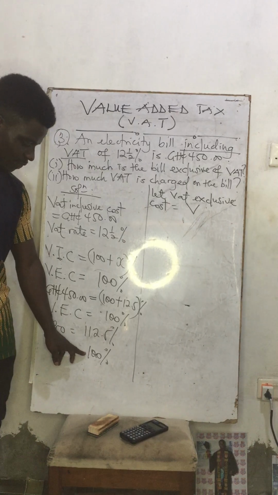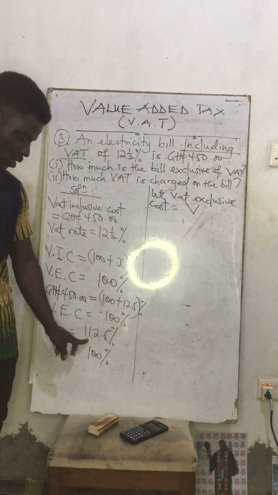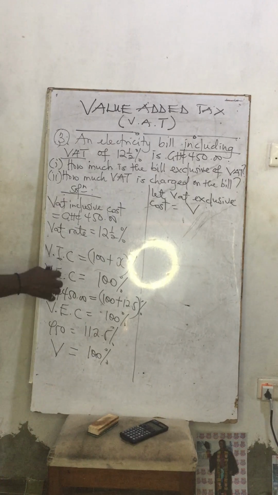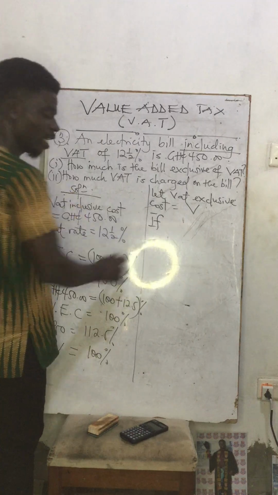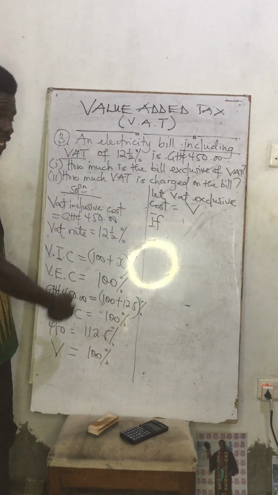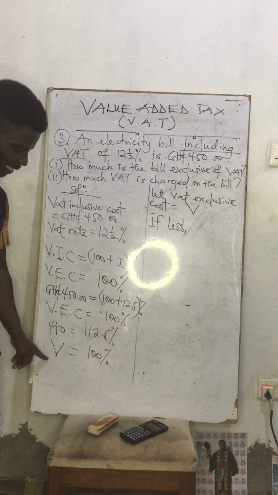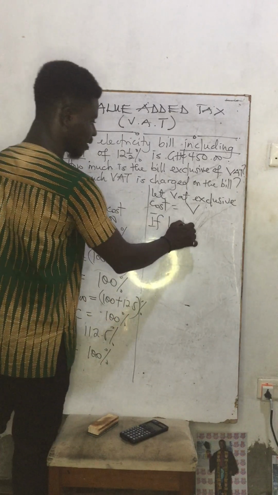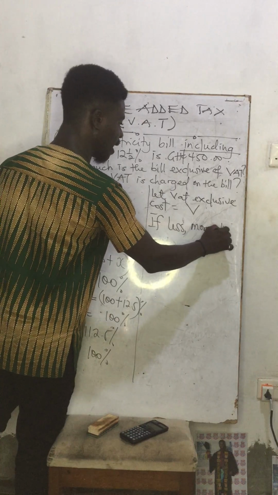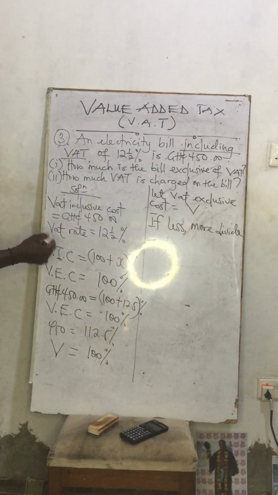And now this 100% is less than 112.5. So if what you are finding is less, then the more should divide the less.